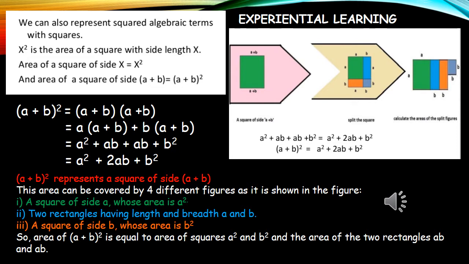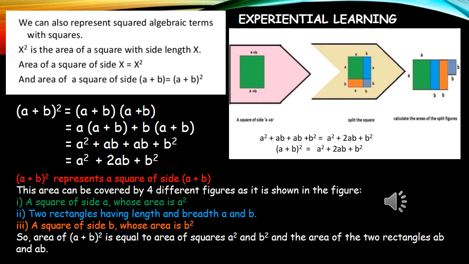So, a into a is giving us a square, a into b is ab, plus b into a is ba or ab, plus b into b is b square. Now, we are writing the like terms together and adding the numerical coefficients of the like terms, that is 1 plus 1, we are getting 2ab. So, a square plus 2ab plus b square.